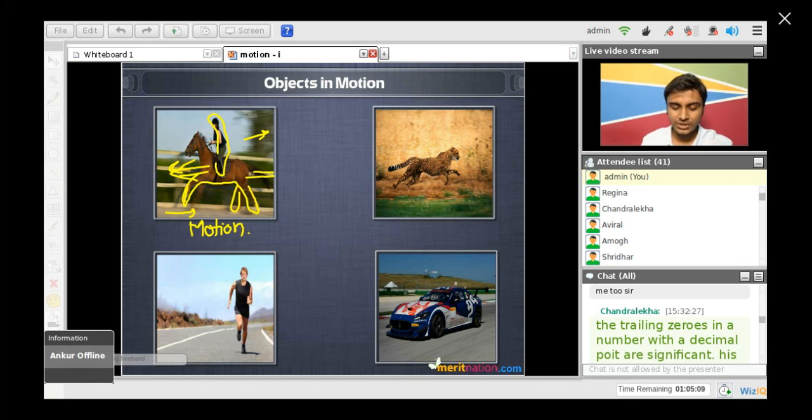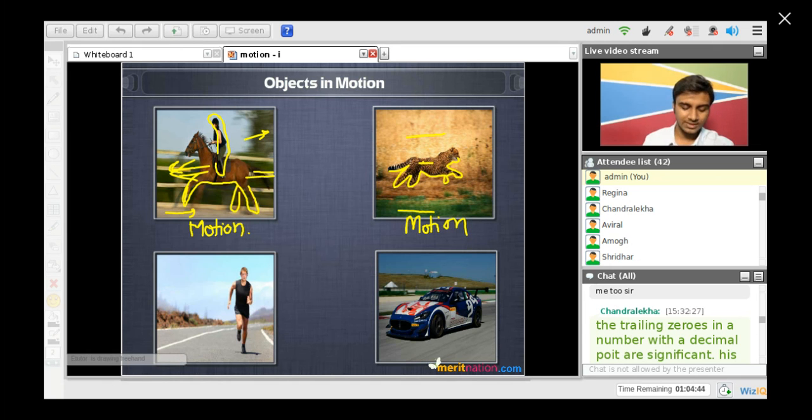Similarly, this cheetah you can see is running very fast in the forward direction. How can you say it is in motion? Its position is changing with respect to this grass, the ground, and other things. That is why it is said to be in motion. So this cheetah is also in a state of motion.